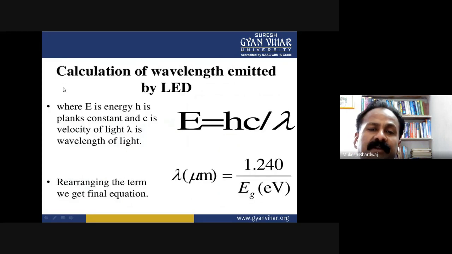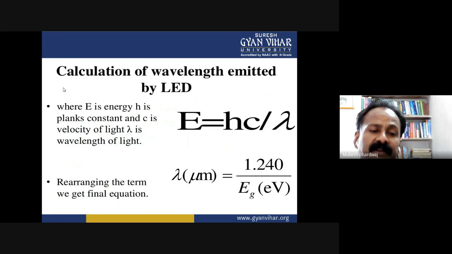Calculation of wavelength emitted by LED, where E is the energy, h is the Planck's constant, c is the velocity of light, and lambda is the wavelength of the light. So this is the formula of energy given by the scientist, E equals hc by lambda.